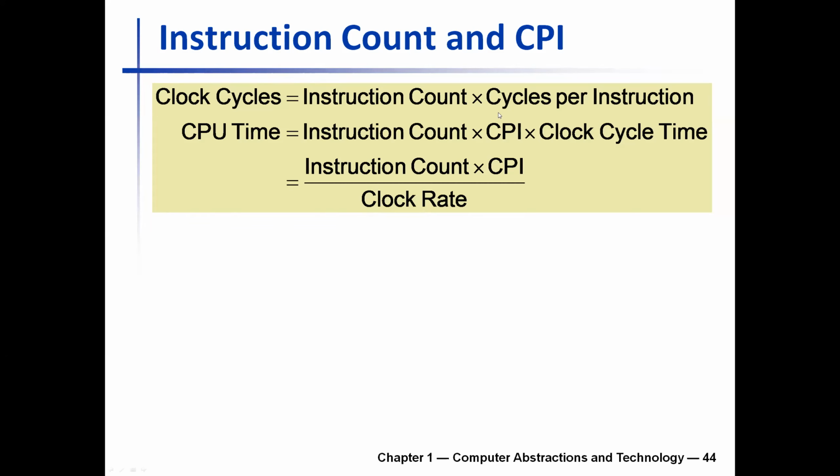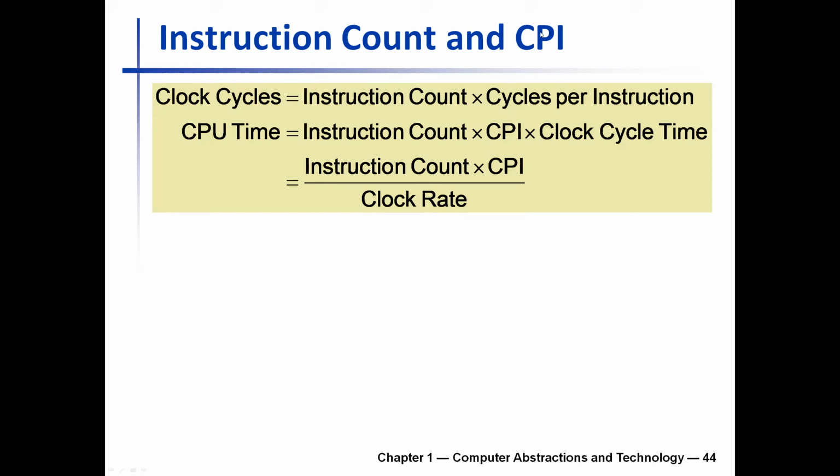Now, this is a somewhat confusing definition, because individual instructions come in different types, and these different types of instructions use different hardware in the data path. So the number of cycles taken per instruction, as defined for a computer system overall, is an average measure, right?